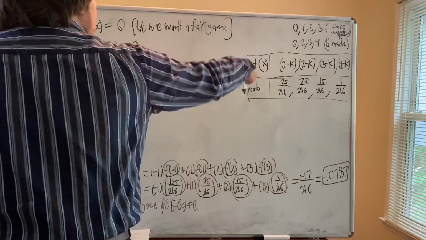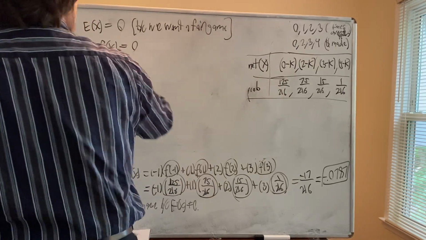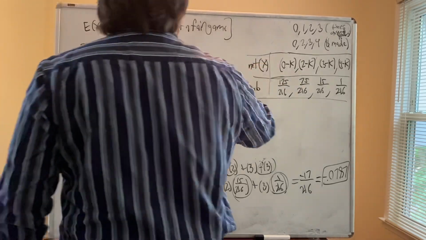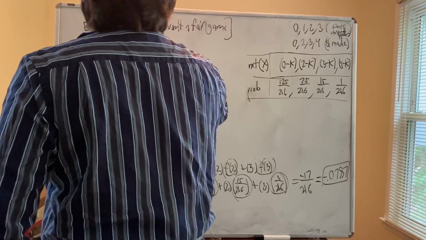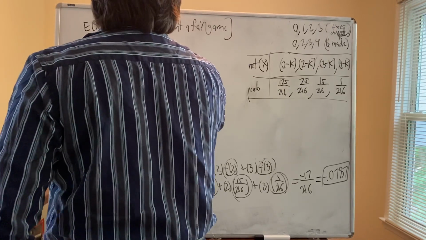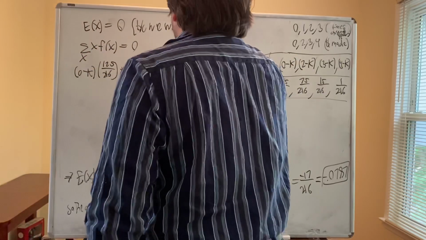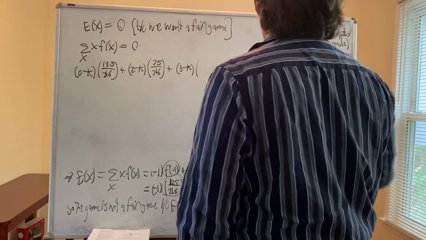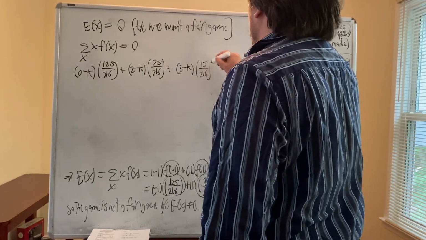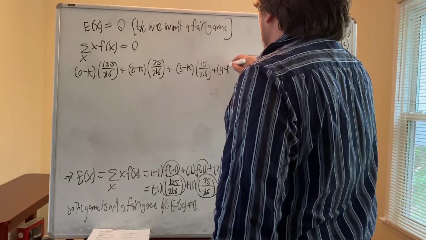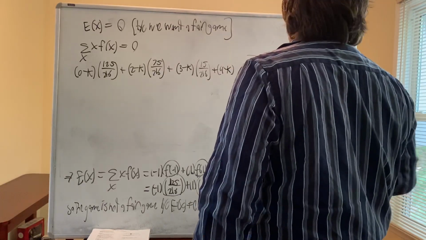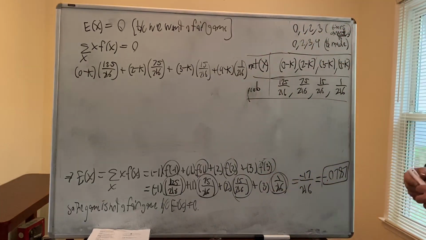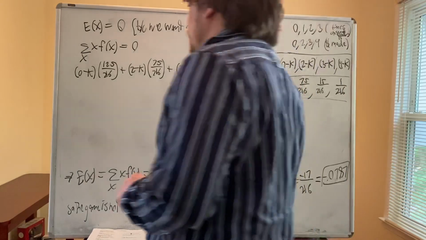And so the possible values of X are 0 minus K, with probability 125 over 216, plus the next possible value of X, which is 2 minus K, times 75 over 216, plus the next possible value of X, which is 3 minus K, times 15 over 216, plus the next possible value of X, which is 4 minus K, times 1 over 216. And so that sum is going to be equal to 0.